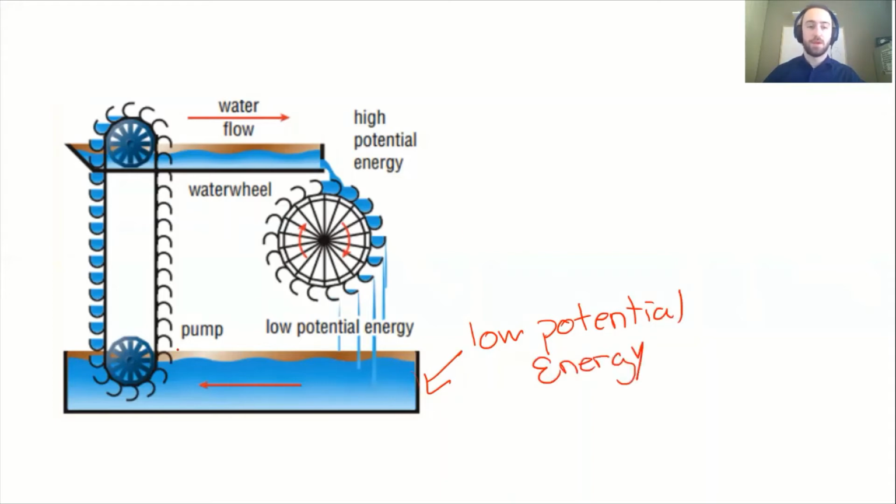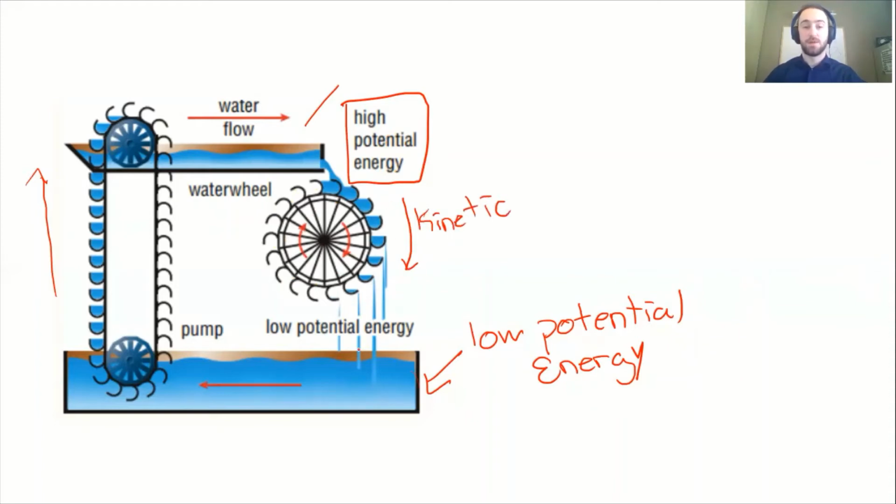As the pump carries the water up into the second container, that changes. So now the water has high potential energy, because it has the ability to carry out work on the water wheel, converting its potential energy into kinetic energy, returning back down to its low potential energy state.